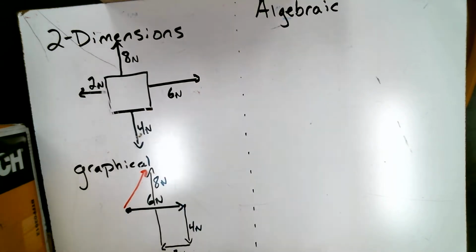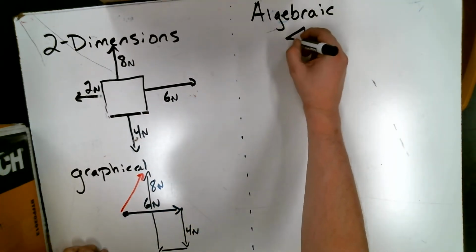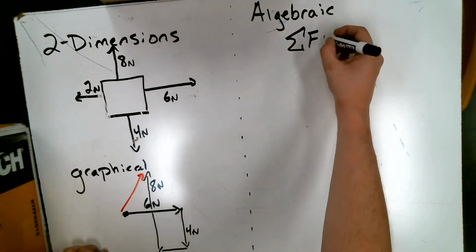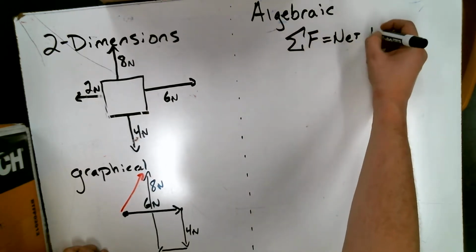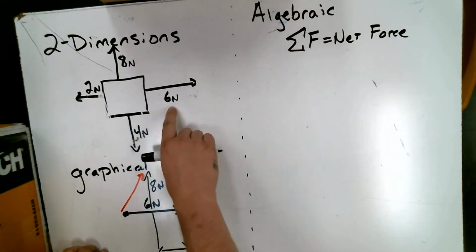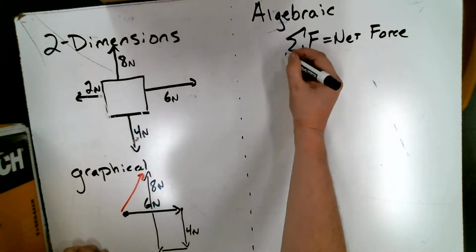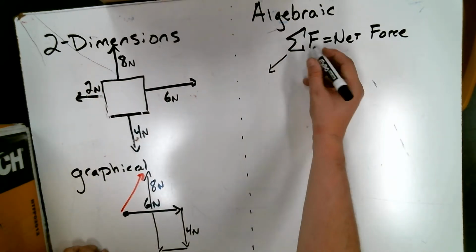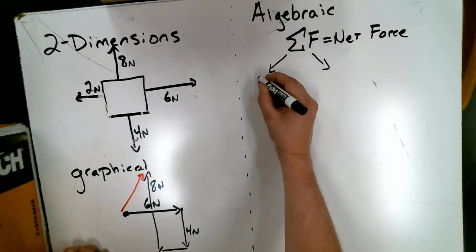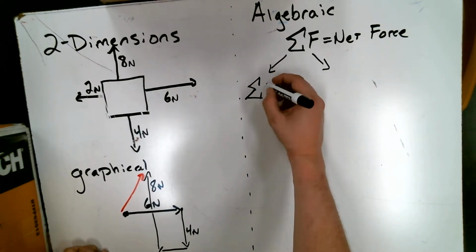I generally prefer the algebraic approach with 2 dimensions. Again, we have the sum of my forces is equal to my net force. Now this time things are a little tricky because I cannot just add 6 to the right plus 8 up. So just as with our motion in 2 dimensions, we are going to split this, and you do this anytime you have 2 coordinate axes.